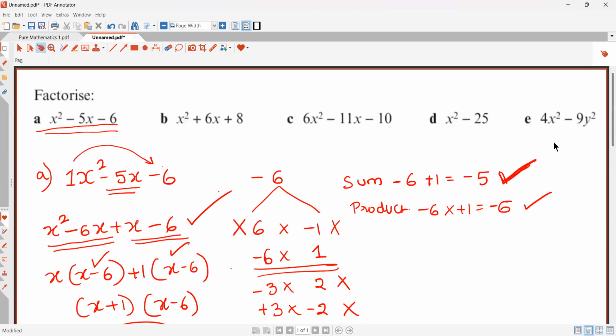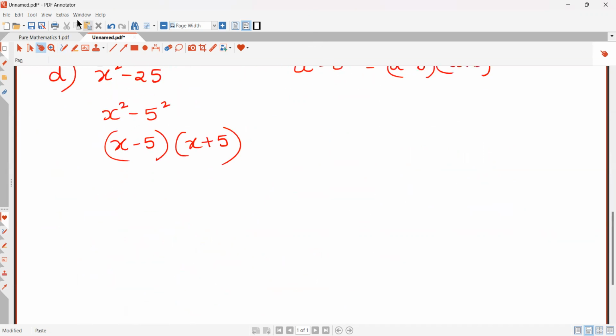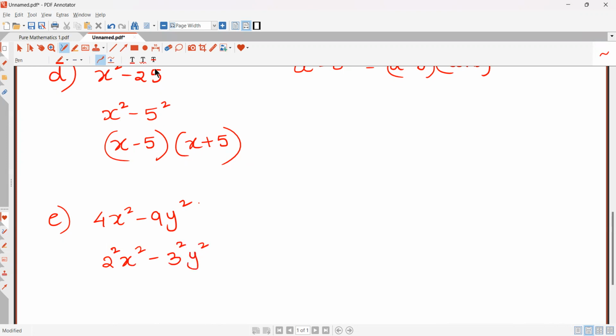Now, here it is. 4x squared minus 9y squared. E part. Look, how do you do this? Again, there are squares over here. Instead of this 4, can you write 2 square, x square? Instead of 9, can you write 3 square, y square? Does not look good to me.